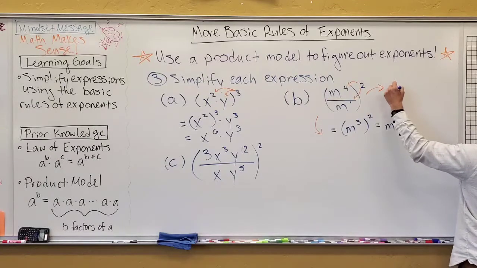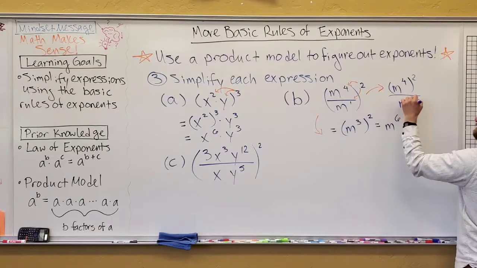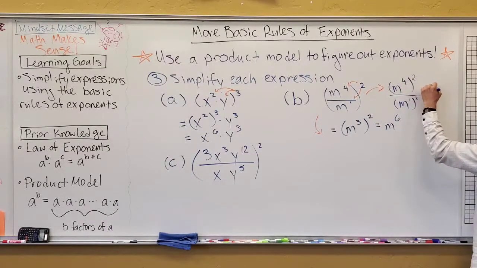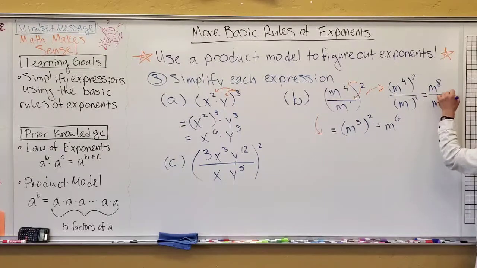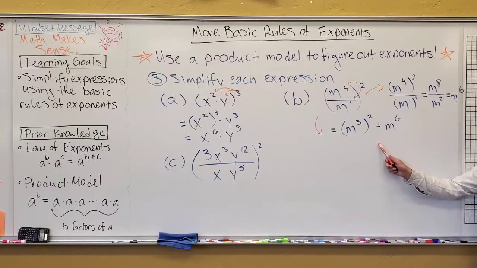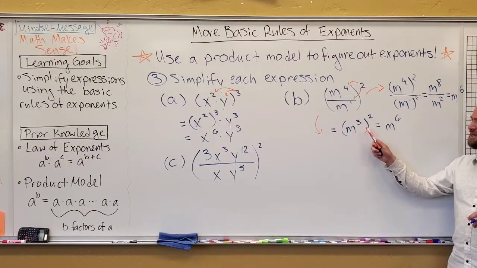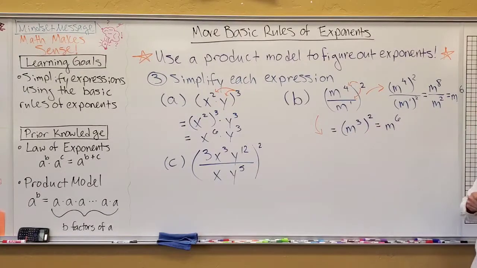And you could say this is m to the 4 squared over m to the 1 squared, which just becomes m to the 8th over m squared. And then now we can subtract the exponents, and we get m to the power of 6. I kind of ran out of space there. But no matter what direction you take it, you should get m to the power of 6 here. It seems like this way actually involves fewer steps, so maybe that's kind of a nicer way to go.